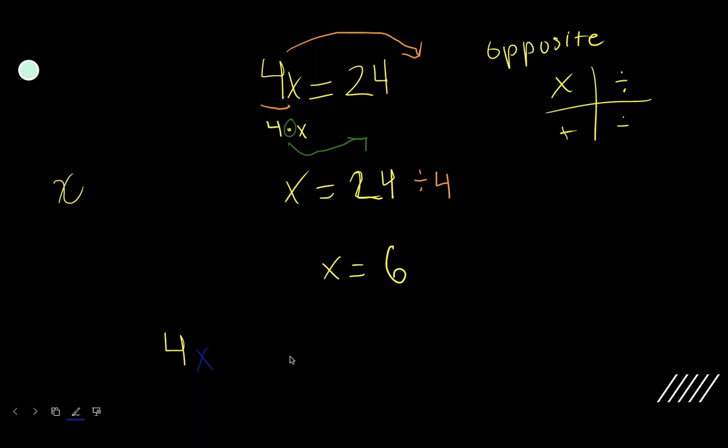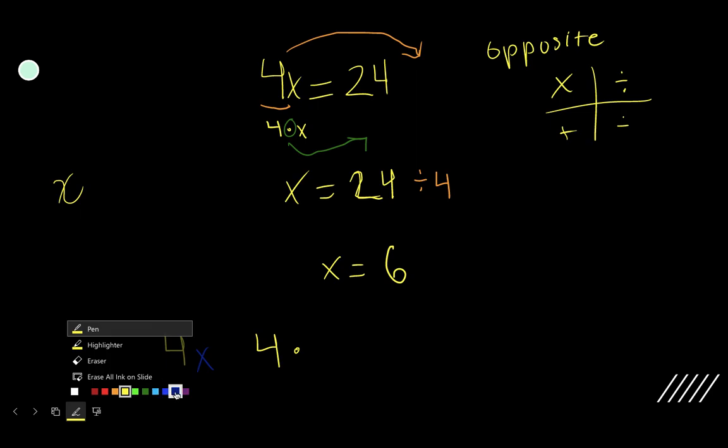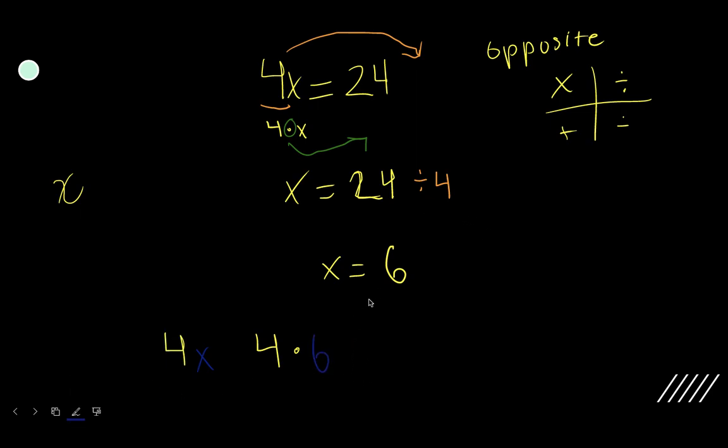So if we substitute our 6, I have 4 times our x is 6. 4 times 6, and we want to check if that's 24. And this is a true statement, so x is equal to 6.